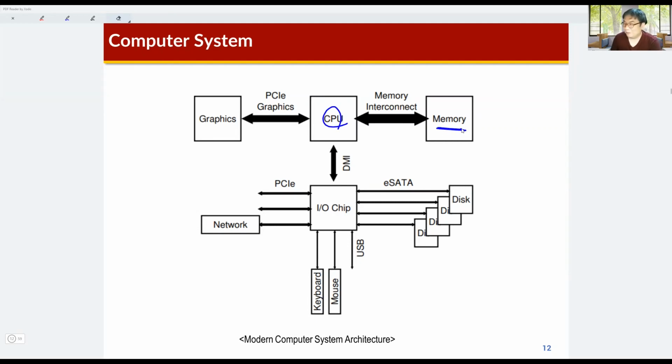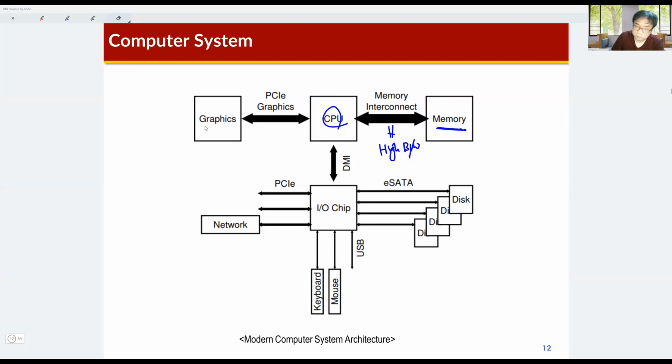It's obvious because the modern computer system requires very high data bandwidth between the CPU and main memory. It's critical for the performance of an entire computer system, so we require high bandwidth between CPU and memory.